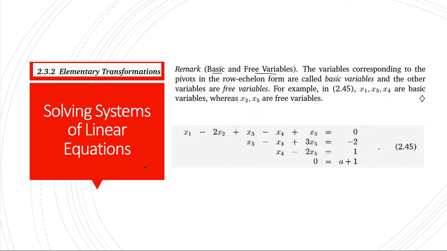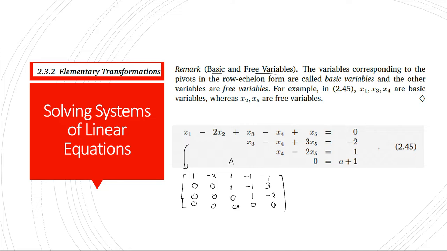In this example, if you extract the A matrix from this equation, you will get 1, minus 2, 1, minus 1, 1, and then 0, 0, 1, minus 1, 3, 0, 0, 0, 1, minus 2, 0. So this is the A matrix.